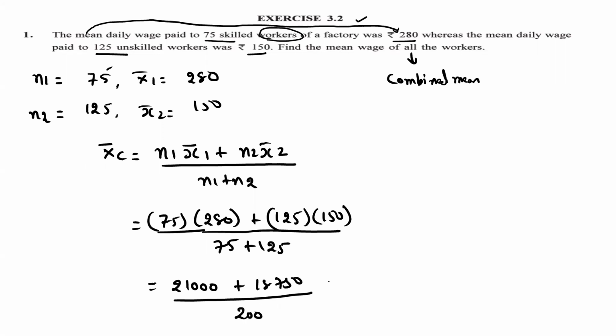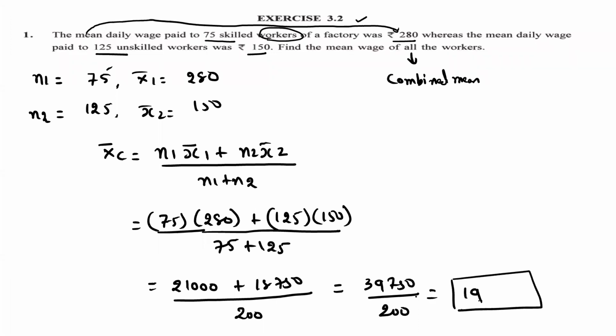Now we can make the total of these two values: 21,000 plus 18,750 comes to 39,750. 39,750 divided by 200 is 198.75.